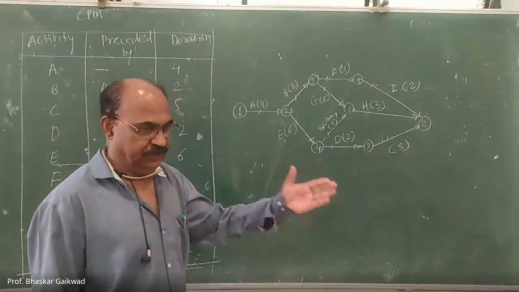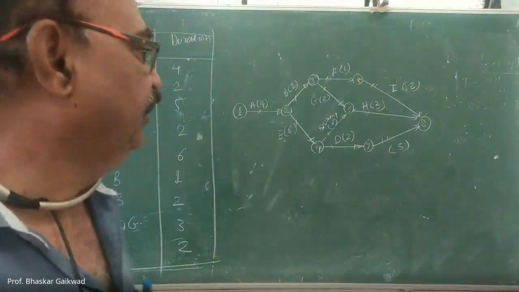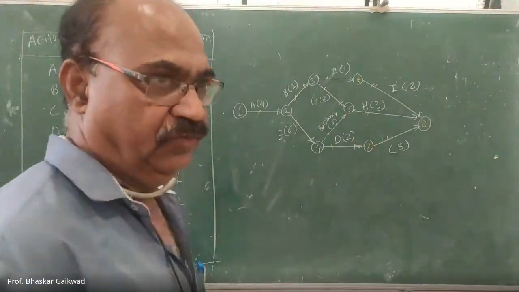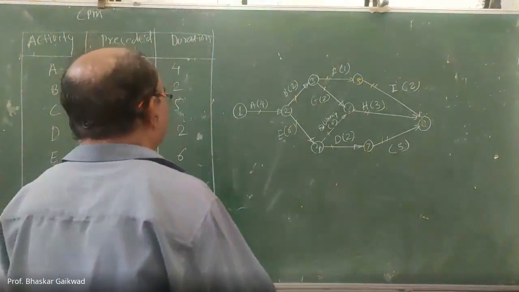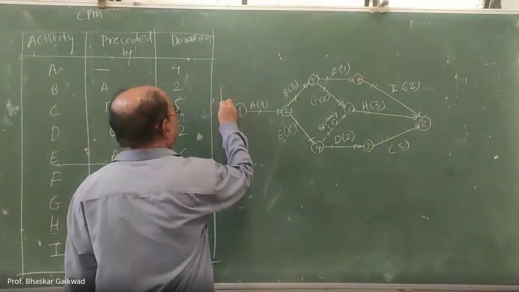After this, you have to decide your critical path, project duration, and total float and free float. So as usual, you can make every node like this way.